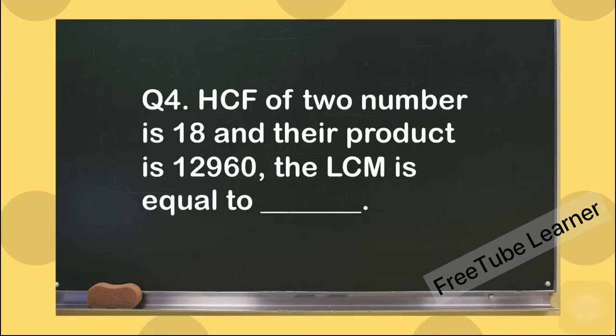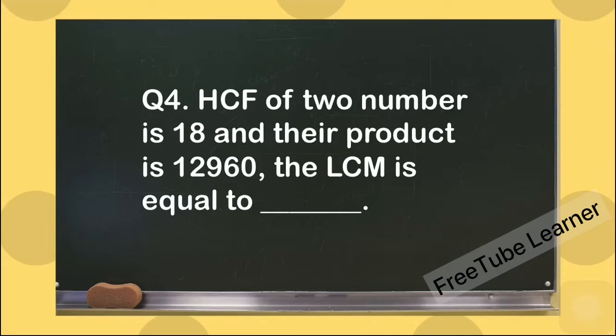Question number 4. HCF of two numbers is 18 and their product is 12,960. Then the LCM is equal to dash. We know for any two positive integers a and b, the product of HCF and LCM of the two numbers is equal to the product of those numbers.